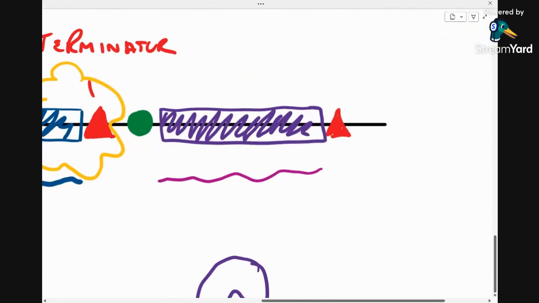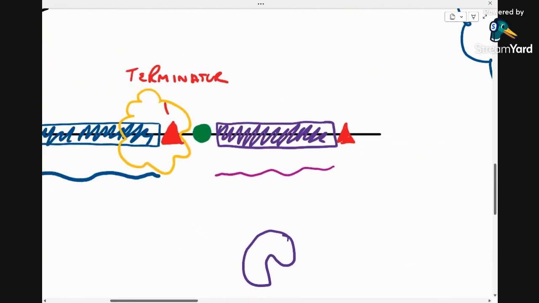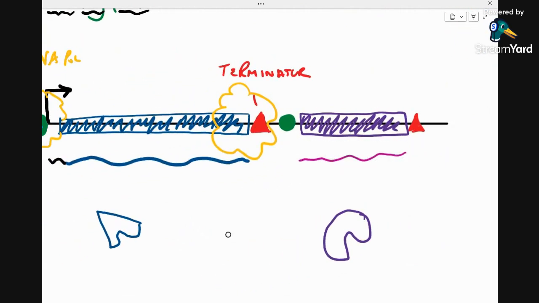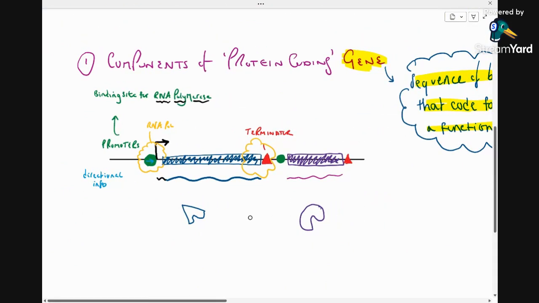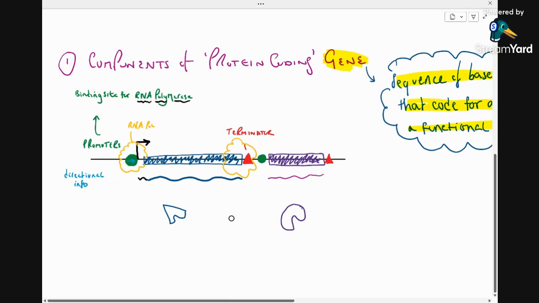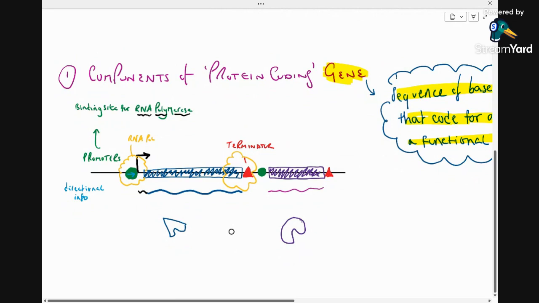Those consensus elements are repeated for each individual gene. So that is the overview of the protein coding genes. We have promoters and terminators, which essentially act as start and stop signals, and they, in inverted commas, tell the RNA polymerase where to start transcribing and in which direction, and where to stop.